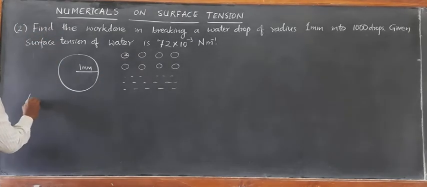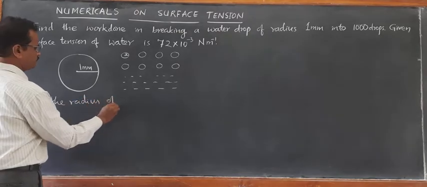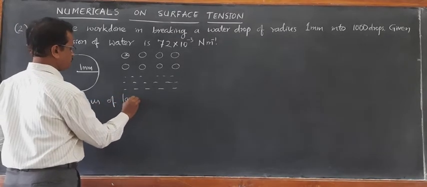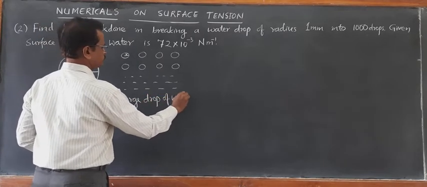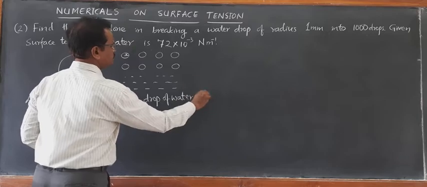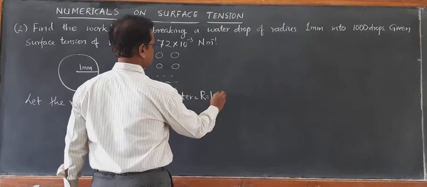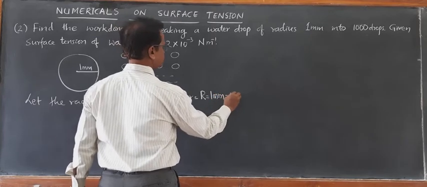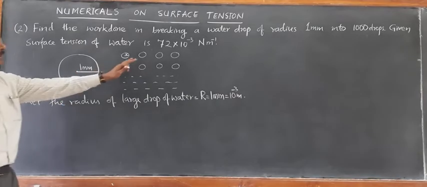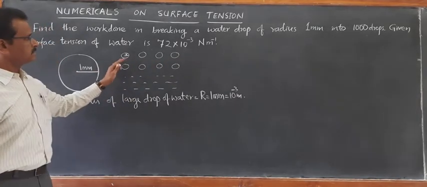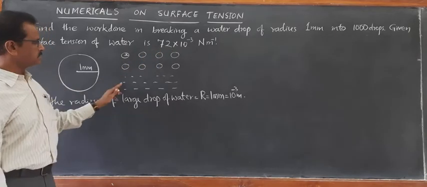Let the radius of the given large drop of water be R, which is given as 1 millimeter, that is equal to 10 raised to minus 3 meter. This is broken into tiny drops of identical size, 1000 in number.